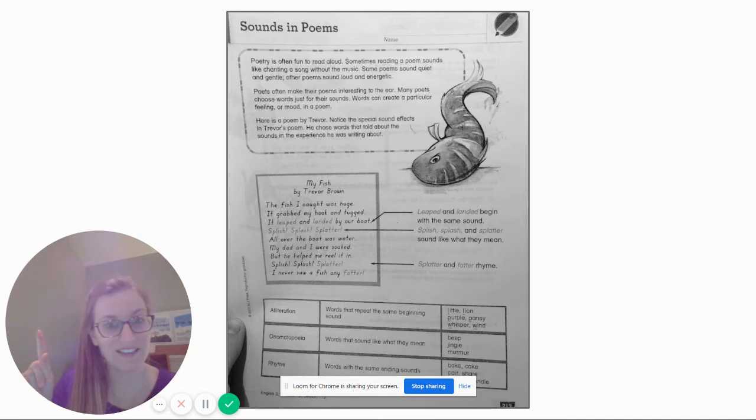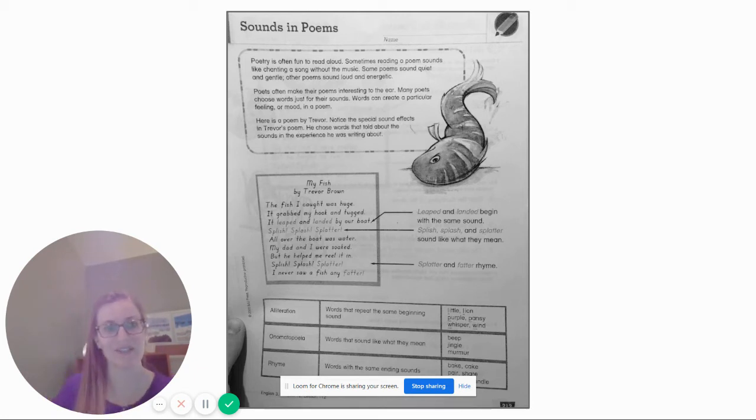Alliteration, onomatopoeia, and rhyme. You're probably most familiar with rhyme as you've gone through plenty of books, I'm sure, that have rhymed in your young childhood. Very common for early learners, 3, 4, 5-year-olds, as well as into your schooling through kindergarten and third grade.